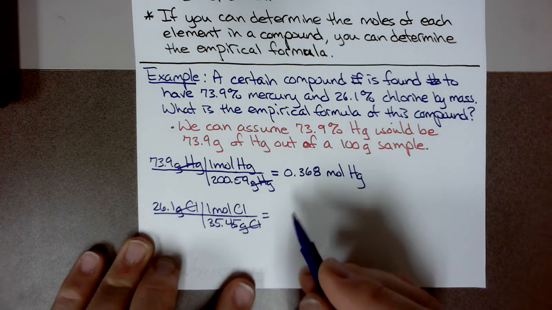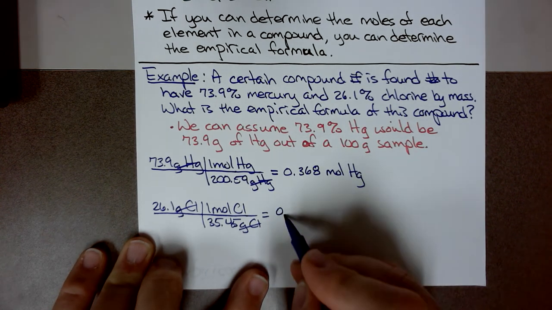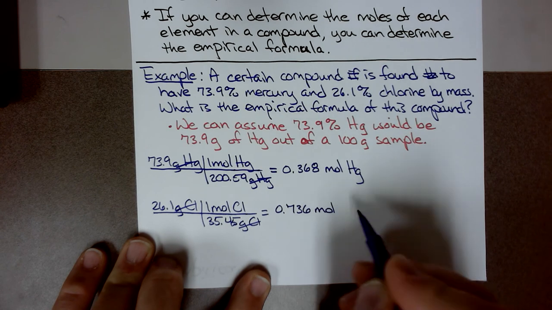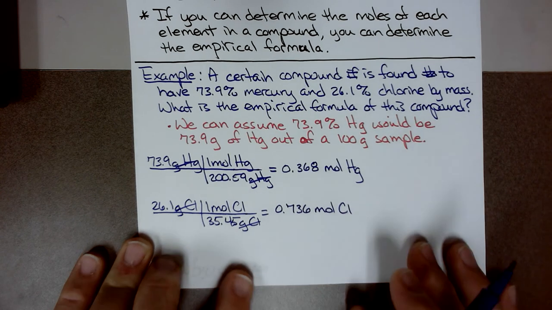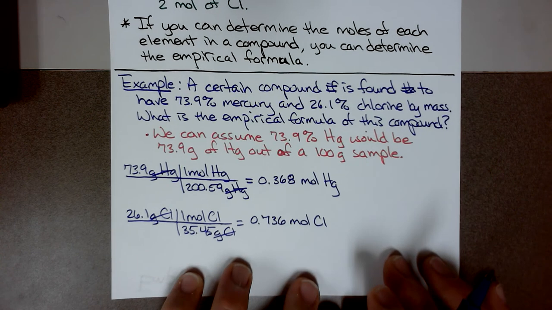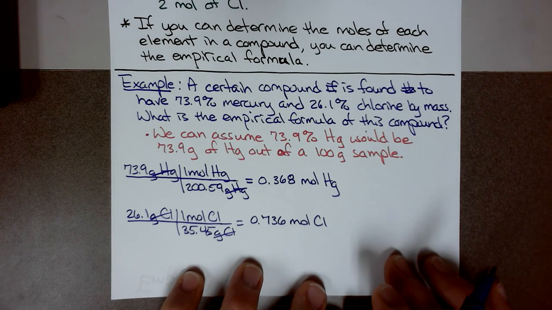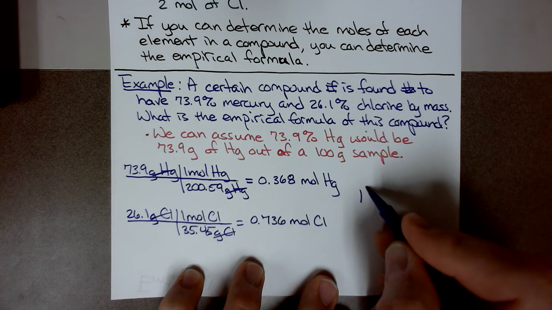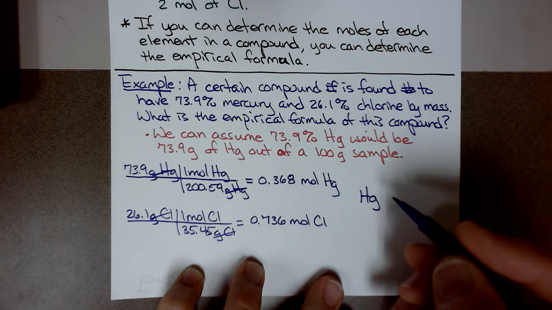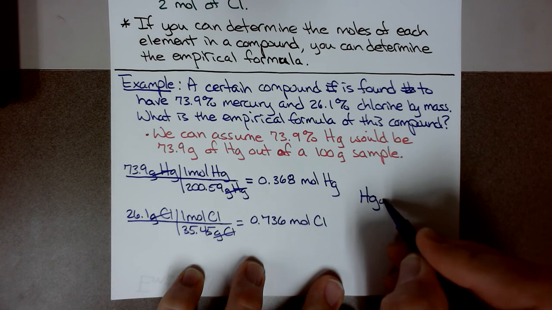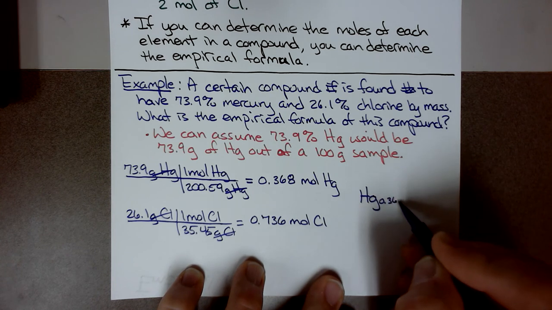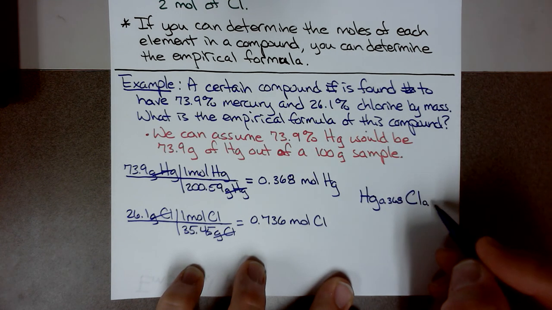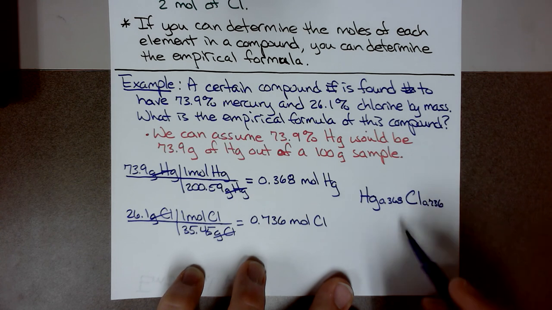So now I have 0.736 moles of chlorine. Now, if I were to use that as a ratio of each element, we could write it as Hg, that's mercury, with a subscript of 0.368, and chlorine with a subscript of 0.736, that's a mole ratio.